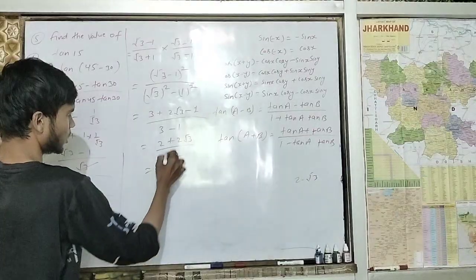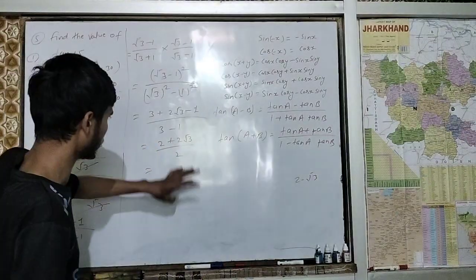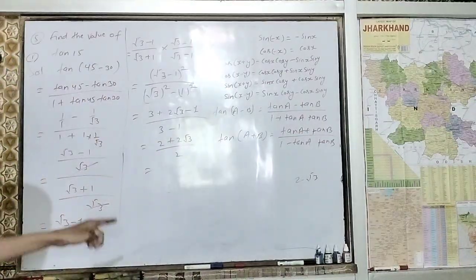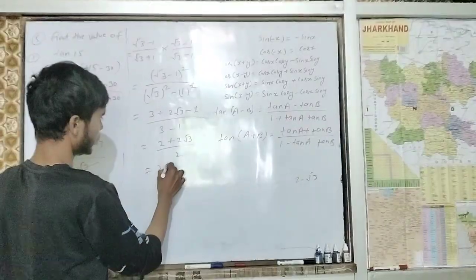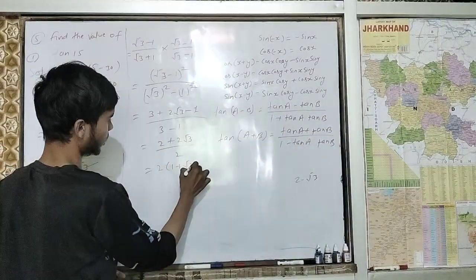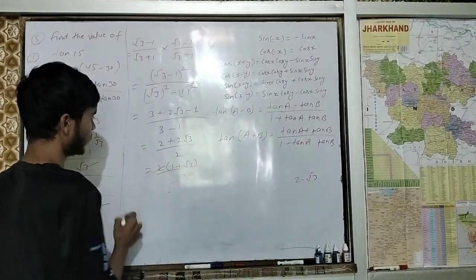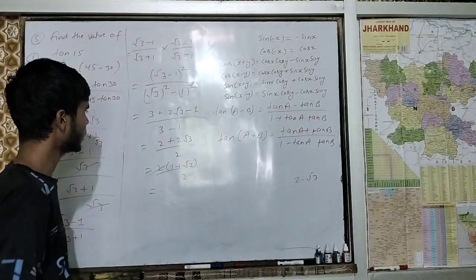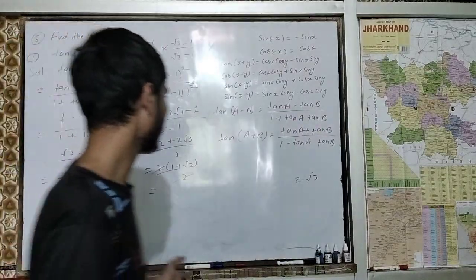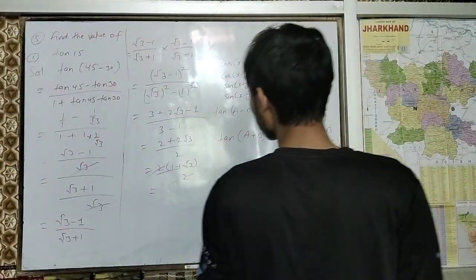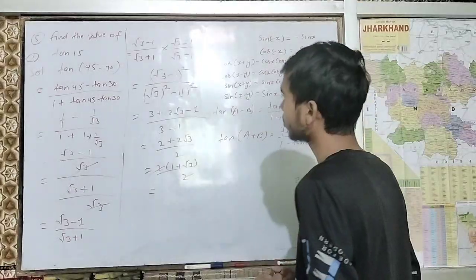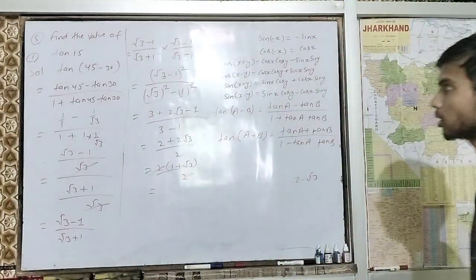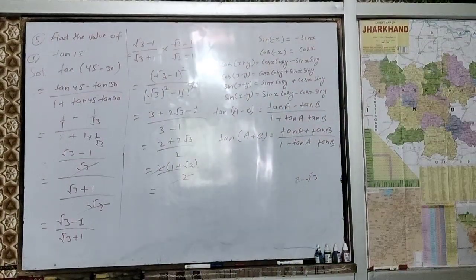Here there is a 2 which is common in the numerator, so 1 plus root 3 upon 2. The 2 will cut each other. At the end we are getting 1 plus root 3. Where is the missing part?